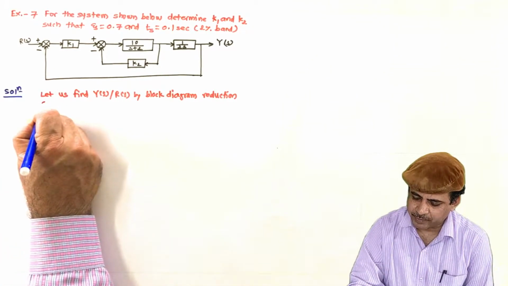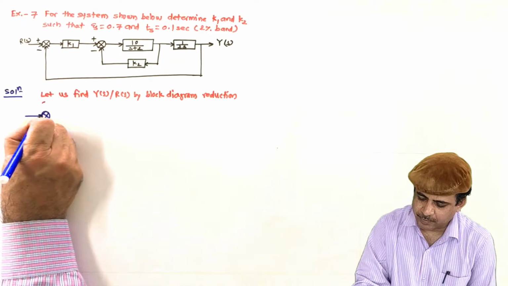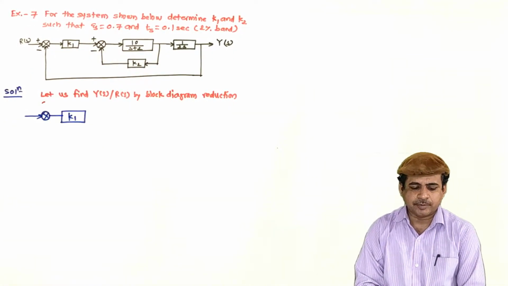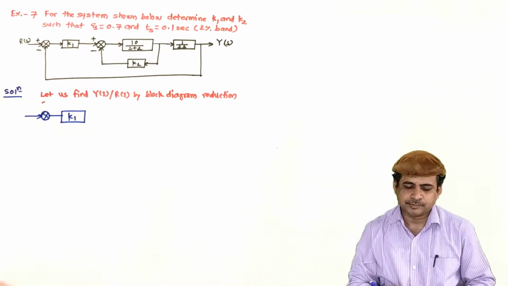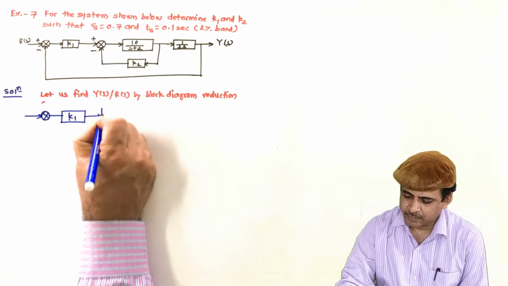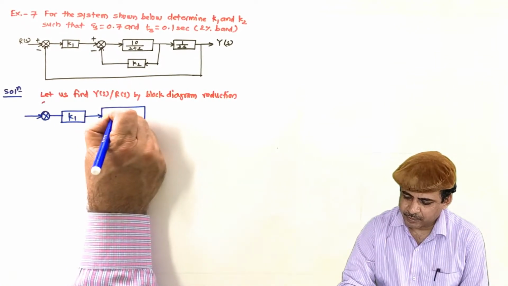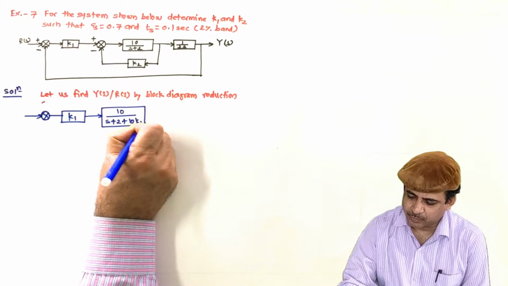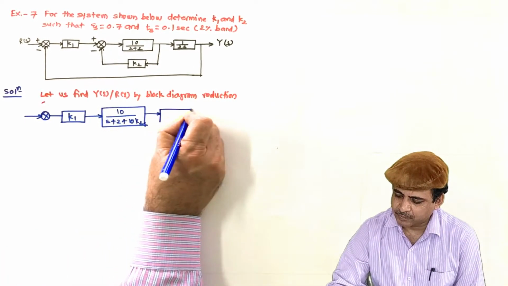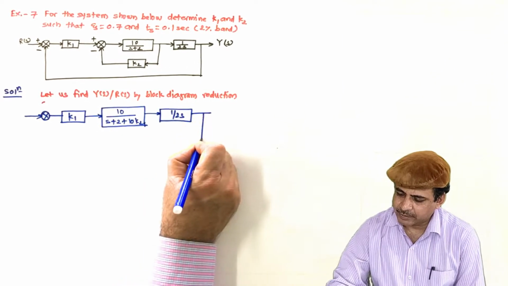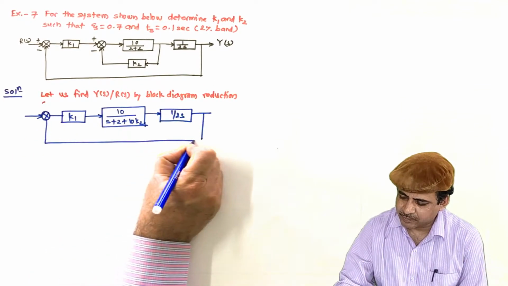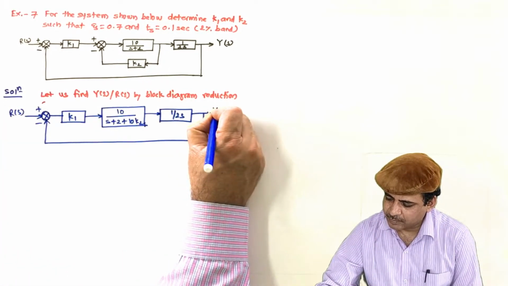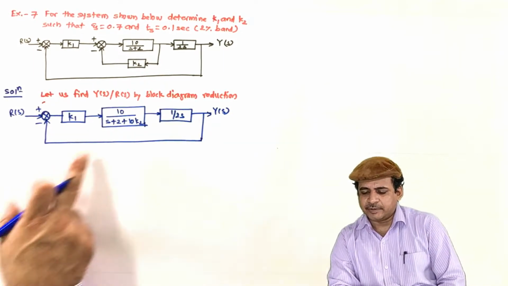This K1 will be there, and for solving this, it will be 10 upon s plus 2 plus 10 K2, 1 by 2s and then a unity feedback. Now these three are in series, and then finally a feedback.